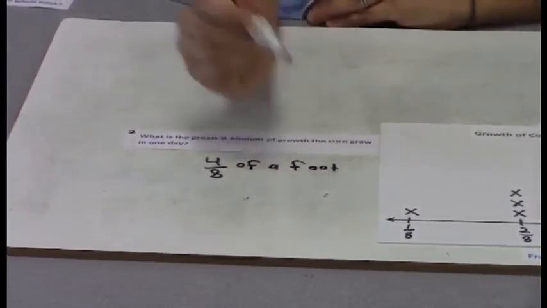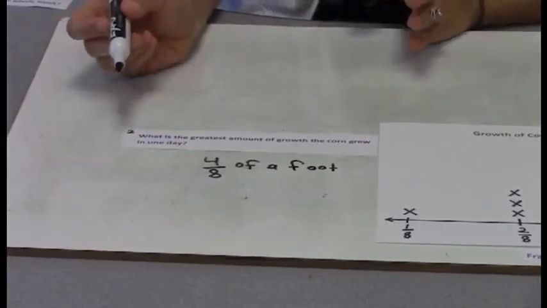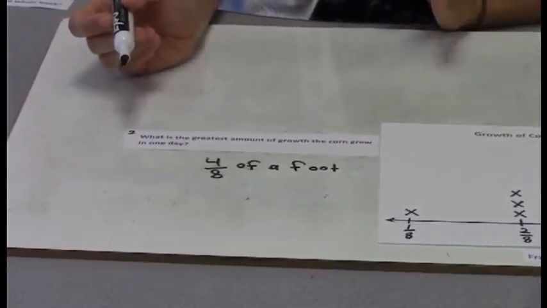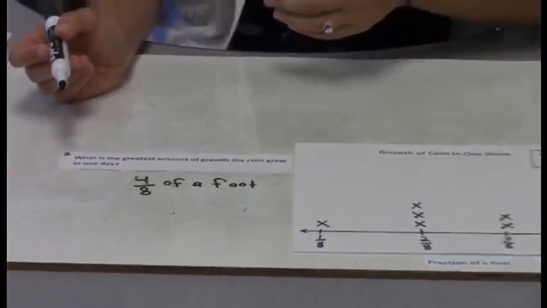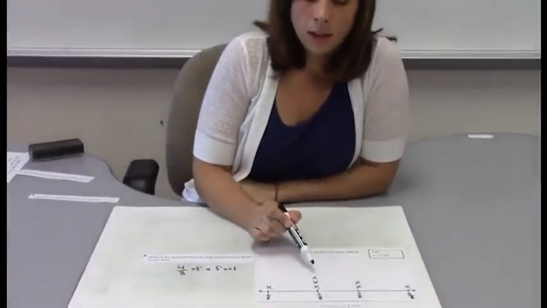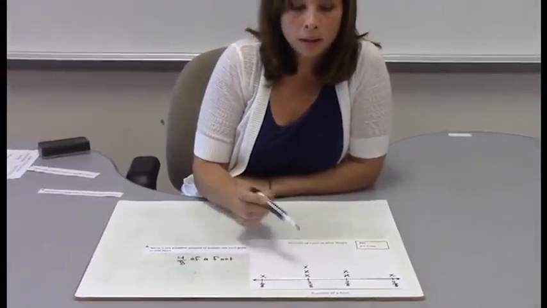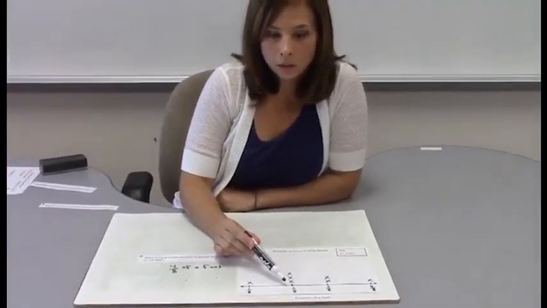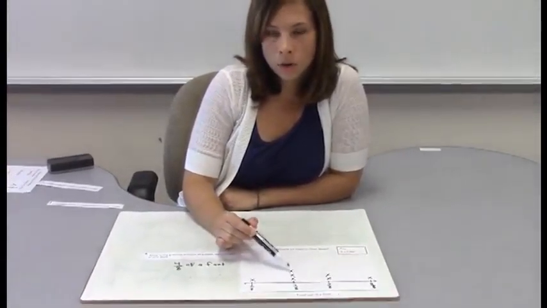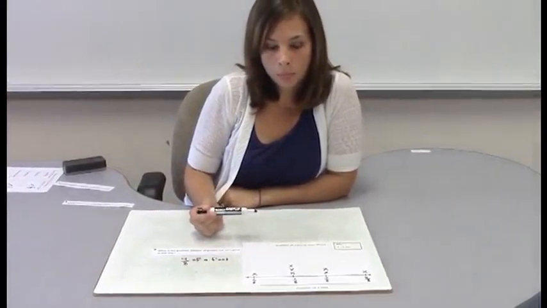Now, 4th graders sometimes have a little bit of trouble with this question, because when they look at the line plot, the first thing they notice is that over 2/8 there are 3 X's plotted.